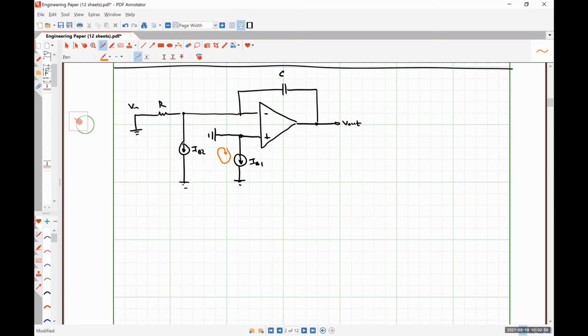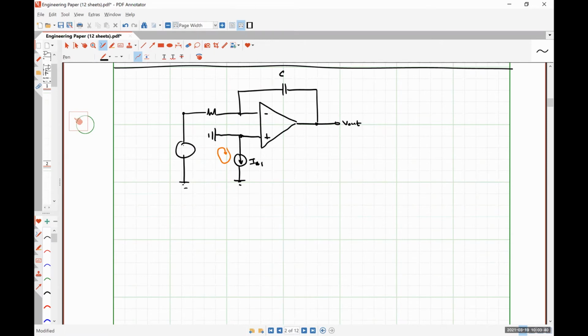So I'm going to do a source transformation, which is going to make this a little easier to figure out what's going on. So with that source transformation, it's going to put the resistance here in series with the input terminal still, and it's going to put a voltage like so.